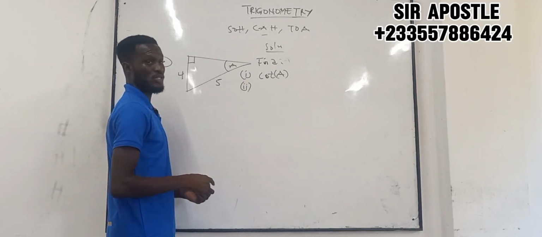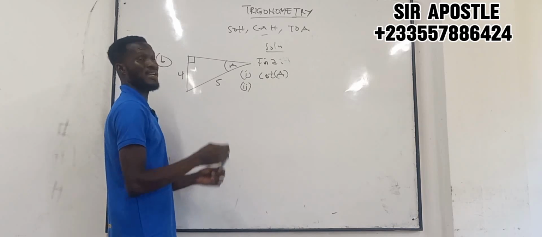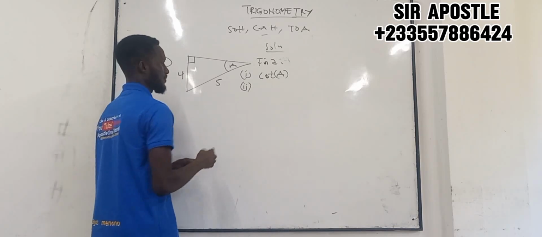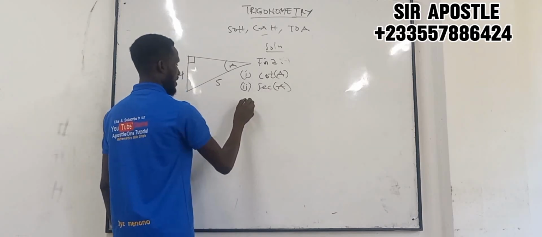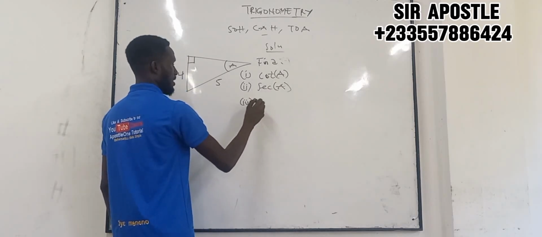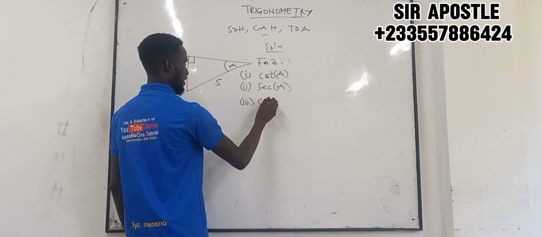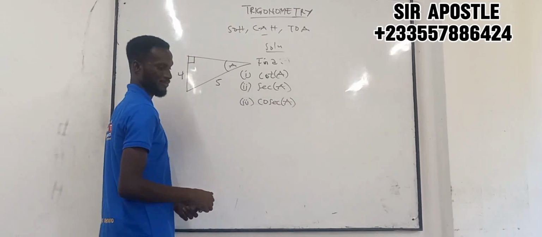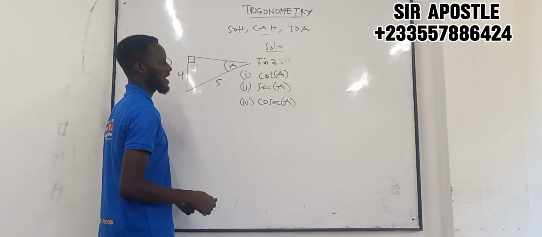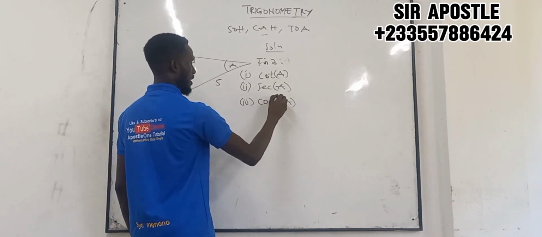Now, if they're not going to use the angle theta, they can change it, they can make the angle X or anything, yes. Now, let's solve for sec A, and then let's solve for cosec of the angle A. Now, this one, I'm going to look for cosec square.